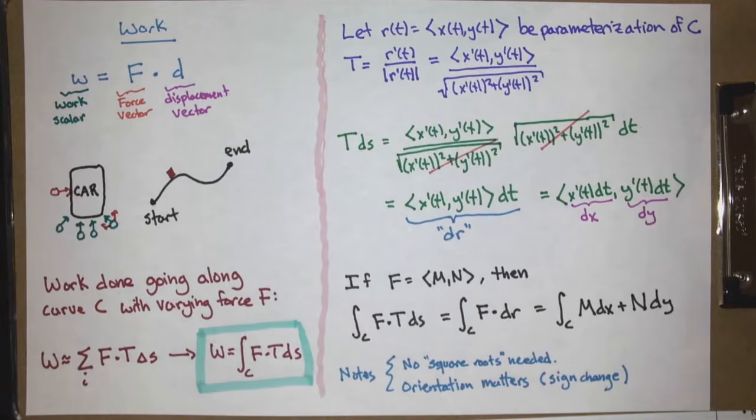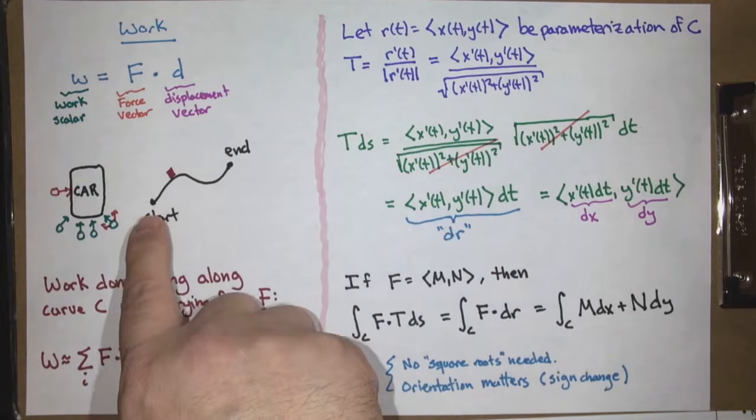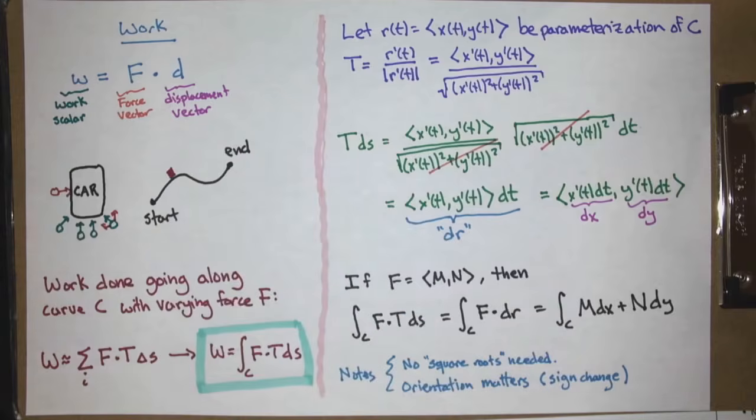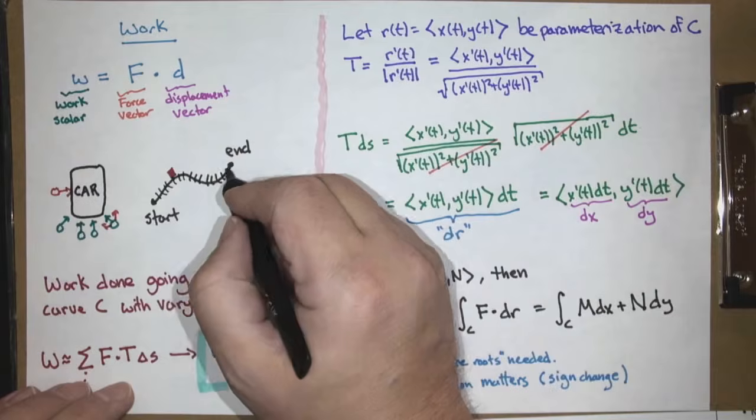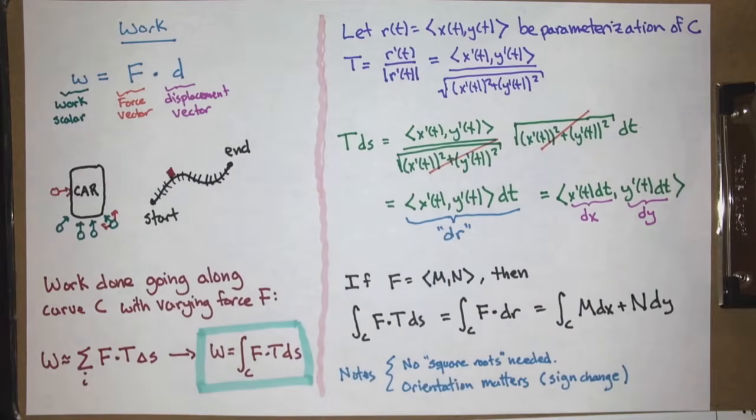So our idea, we're trying to move something from the start to the end. And we say, all right, how do we find that? Well, what we'll do is we'll just chop things up into little tiny pieces and say, instead of trying to figure out the entire work all at once, do a little tiny piece. Nudge it a little bit.